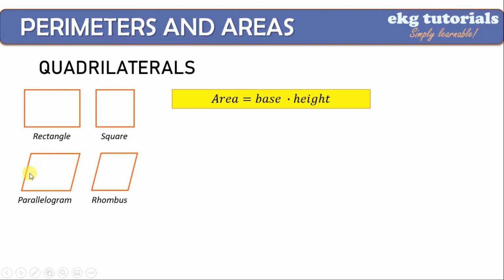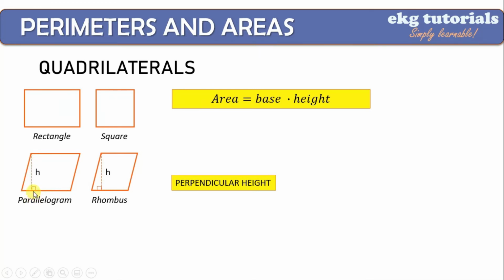For these two, we have to be careful. The height we use here is what we call the perpendicular height. If you notice, in the parallelogram and rhombus, the sides are slanted. So the height we will use is from here up to here.